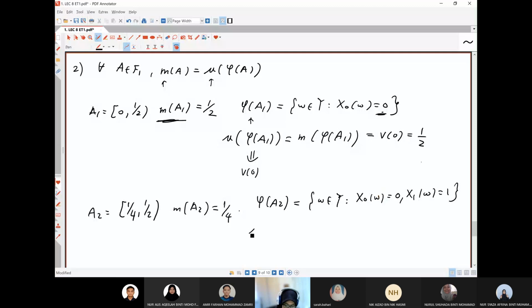So this mu of phi A2 here is V0 multiply with V1, right? So V0 tadi kita guna 1 over 2, correct? 1 over 2 multiply with 1 over 2, you have 1 over 4, which is the same. So that means our second properties are satisfied.